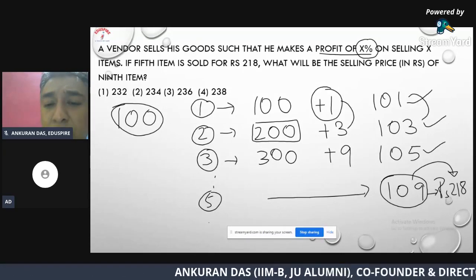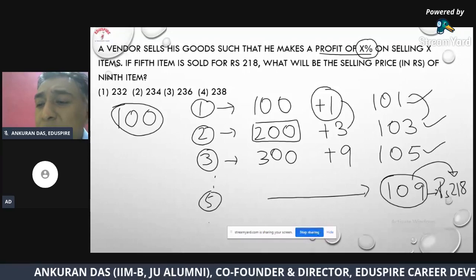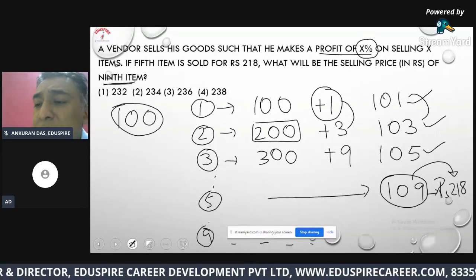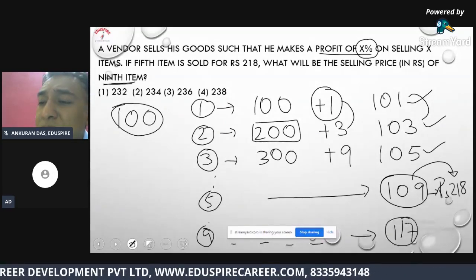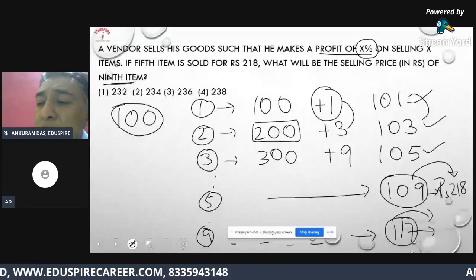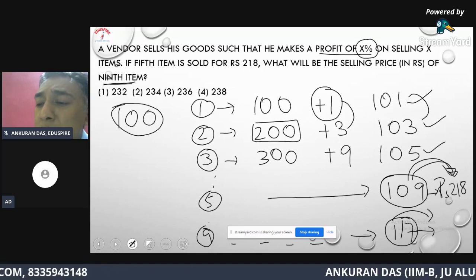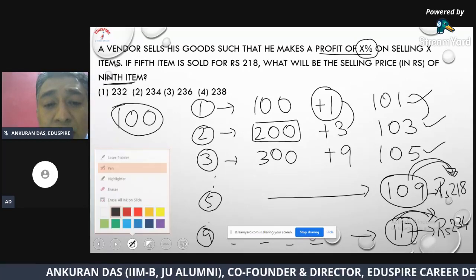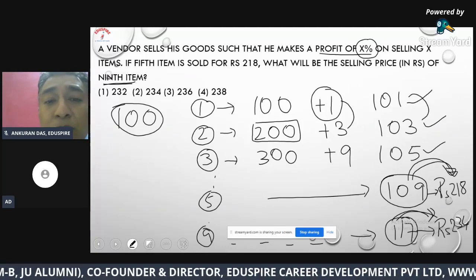So the ninth item value will be 117 as per our calculation. So in unitary method, we can say that if 109 corresponds to 218, then 117 will correspond to what? Yes, that is 234, right? Guys, so your answer to this question will be rupees 234.